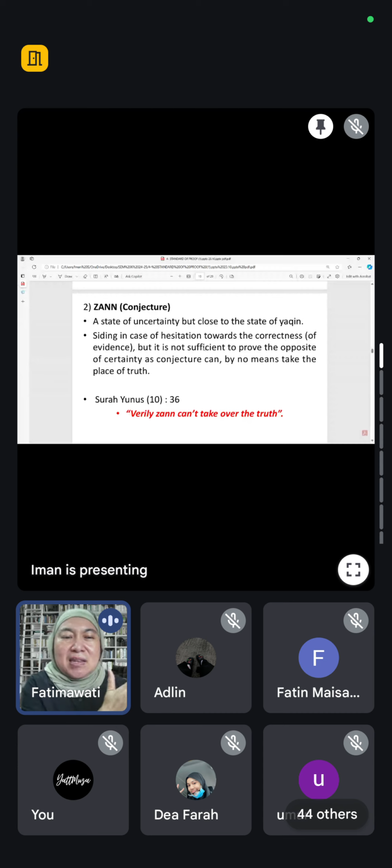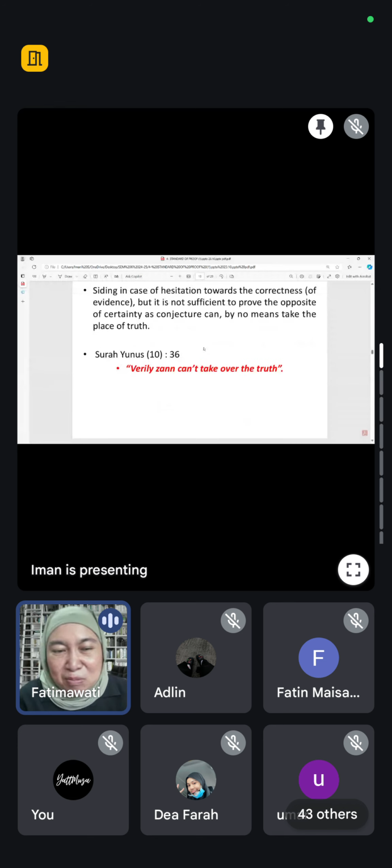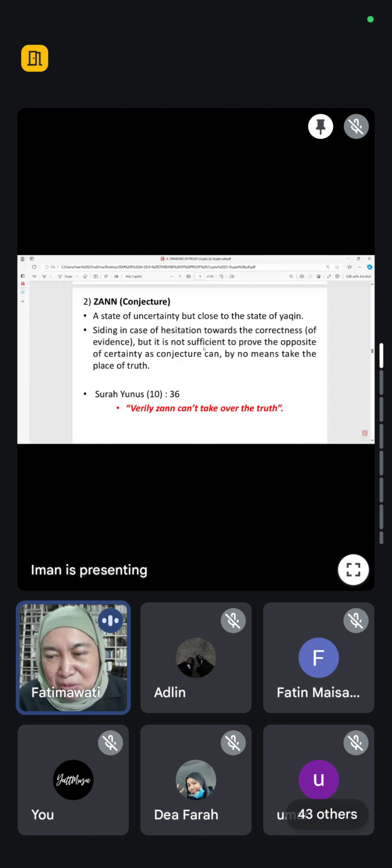It is siding in the case of hesitation towards the correctness of the evidence, but not sufficient to prove the opposite of certainty as conjecture can.